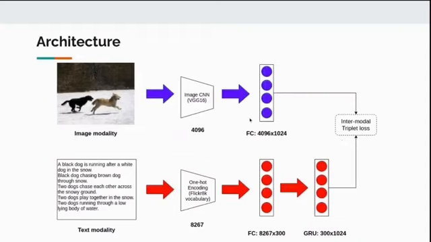As you see, it's really simple: we have a fully connected layer here, and also a fully connected layer for the text part, which passes over a GRU. And as you see, the two different models come into touch in a single place, which we call the intermodal triplet loss. I will also show the inside of this formula in the next slide. We have one-hot encoding for the text part, and as I said, we have 5 captions for each image.